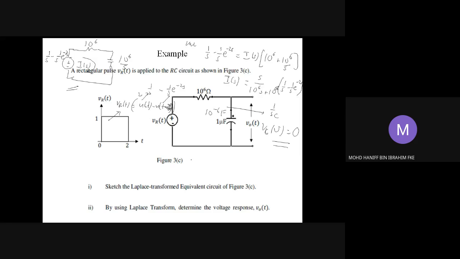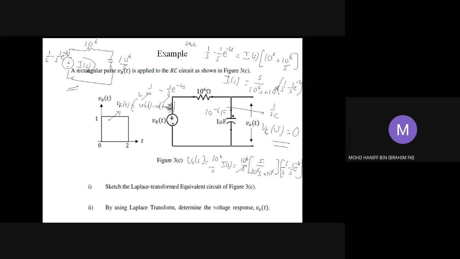So from here we can find V naught(s), which is equal to 10 power of 6 divided by S multiplied with I(s). It should be equal to 10 power of 6 over S multiplied with the I(s) that we have obtained here, which is S over 10 power of 6 S plus 10 power of 6, and multiplied with 1 over S minus 1 over S exponential negative 2S.